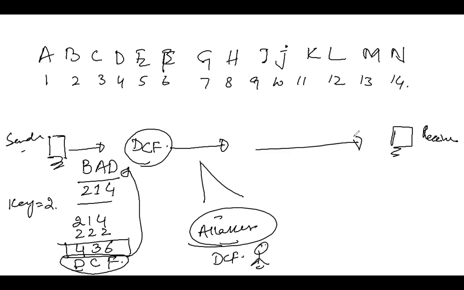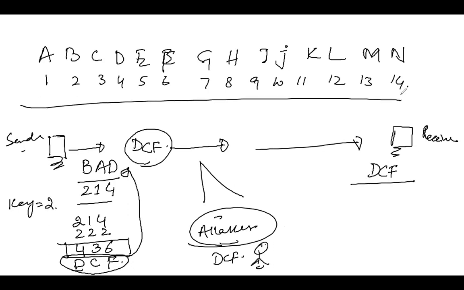Once this information is received here, he will simply convert it into digits as per the above mentioned technique. So it will again be 4, 3, and 6. Here you have done the addition process, and over here you will do the subtraction process.